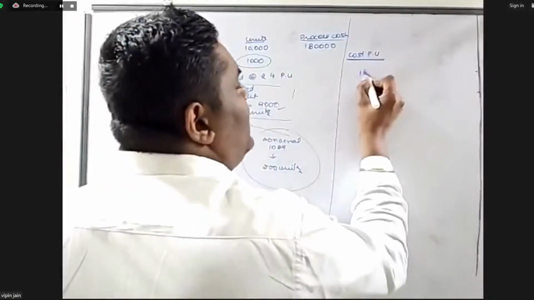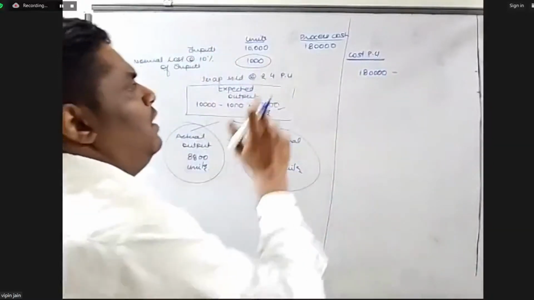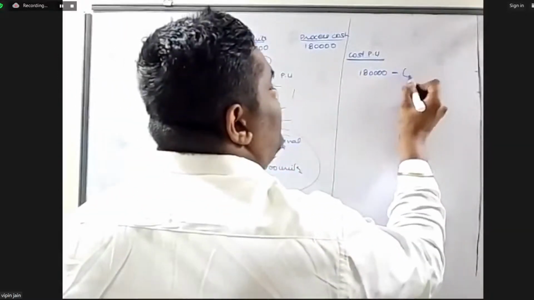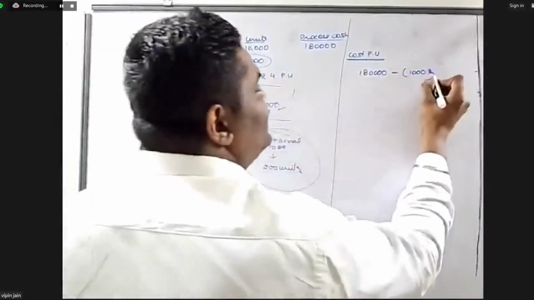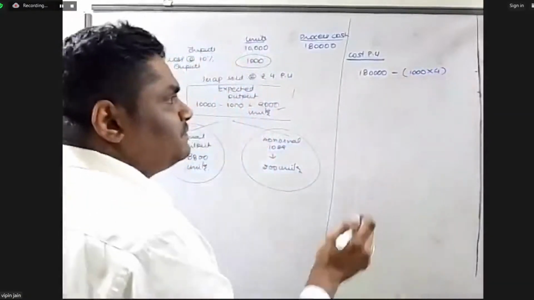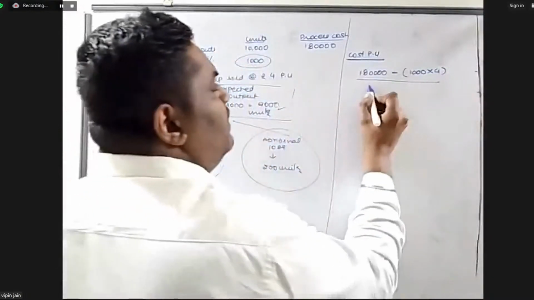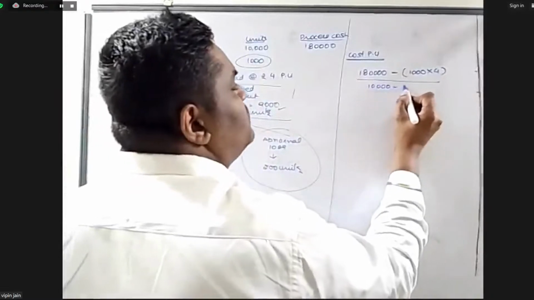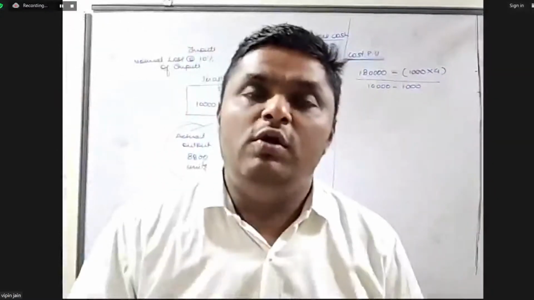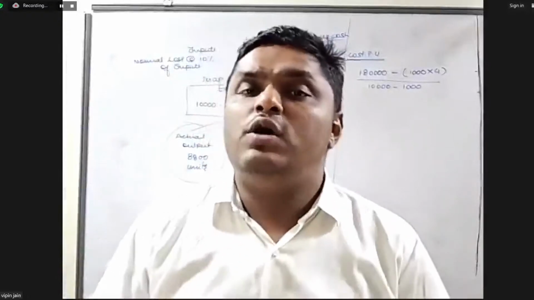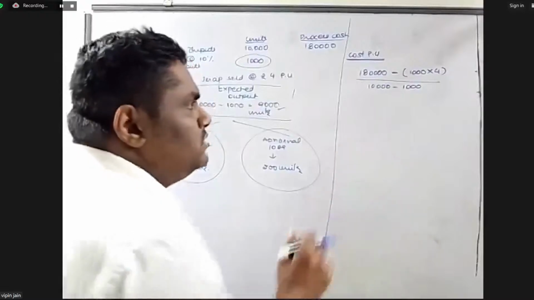So herein, 1,80,000 is my process cost minus my normal loss in units, that is 1,000 units, into the scrap value, that is rupees 4, that is 4,000, divided by my expected production, that is 10,000 units minus 1,000, my normal loss. As discussed earlier also, the normal loss can inflate the cost of product.